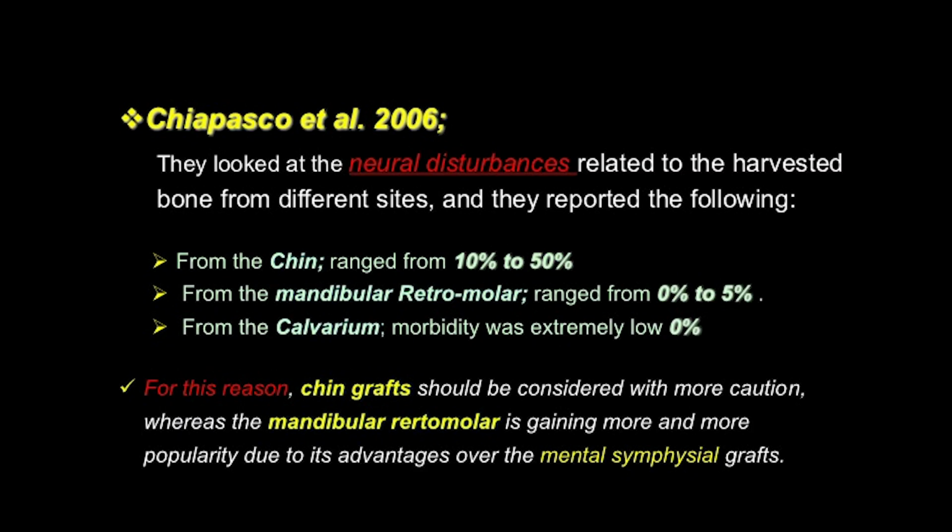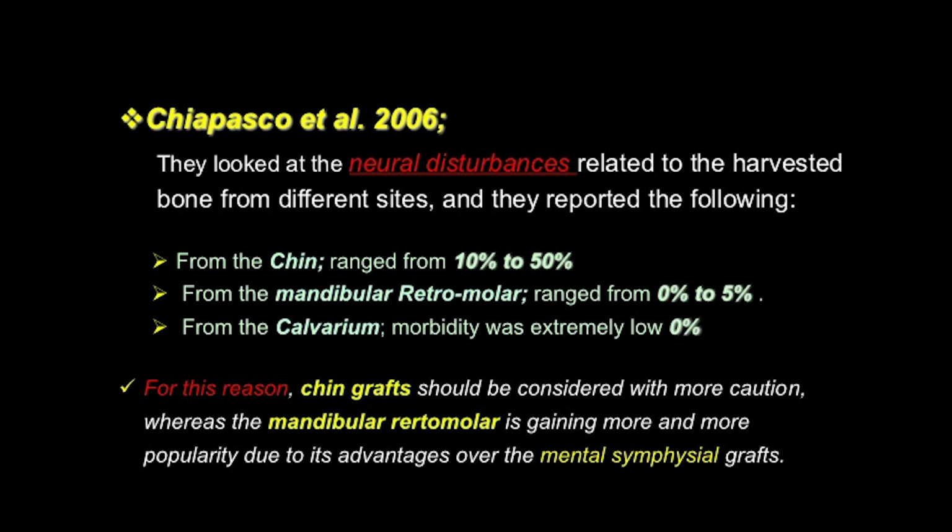This is an important study by Chiapasco, year 2006, where they looked at the neural disturbances related to the harvested bone from different sites. And they reported the following. If you take the graft from the chin, the neural disturbances ranged from 10 to 50%. If you take it from the mandibular retromolar area or the ramus, the neural disturbances range from 0 to 5%, so it's less.